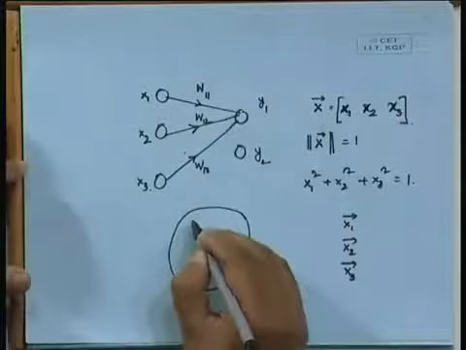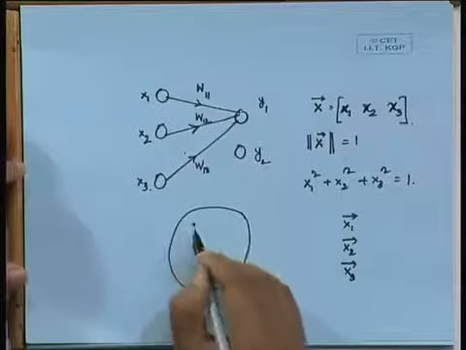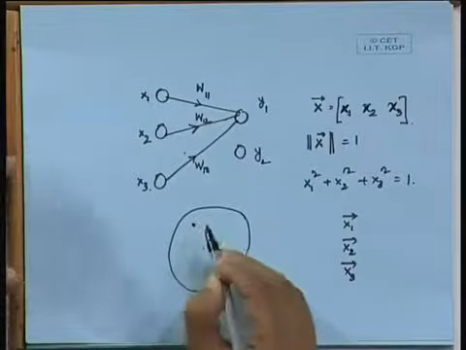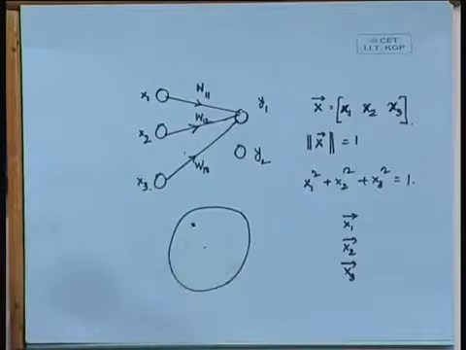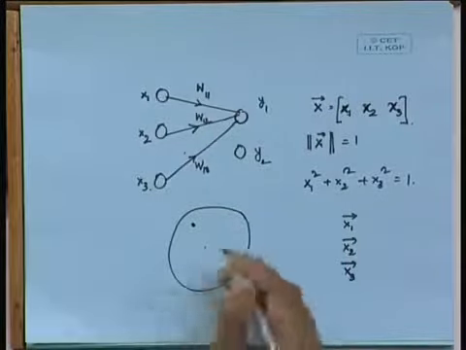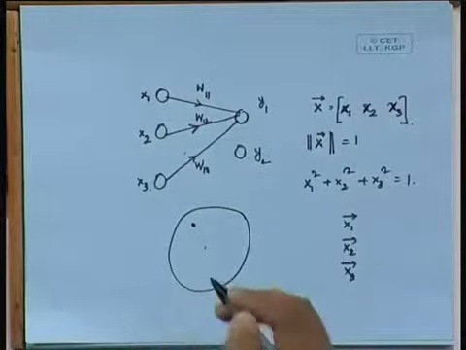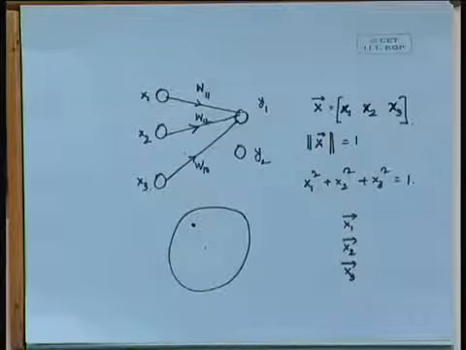So, when you imagine a sphere, maybe the x1 vector will have its edge located over here, that means from the origin to this point on the surface. So, it is actually being drawn as a 3D surface. This is a sphere, which is a 3-dimensional surface.